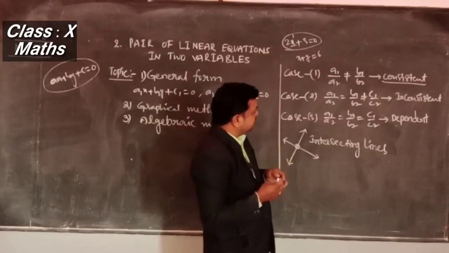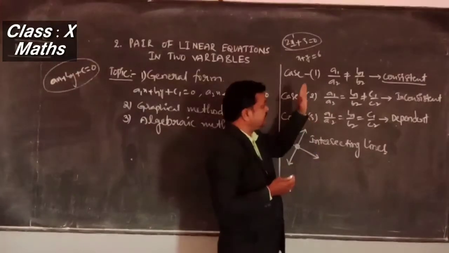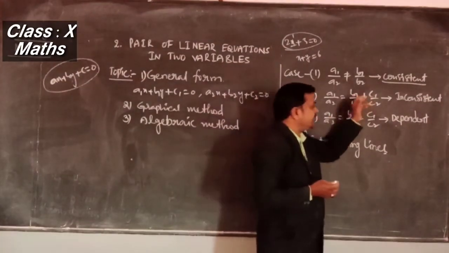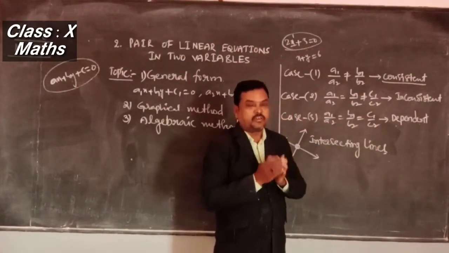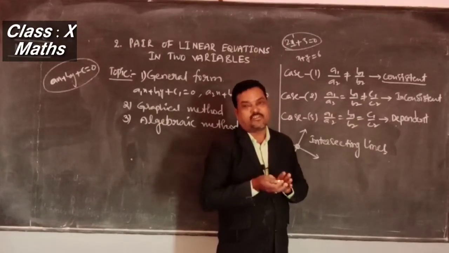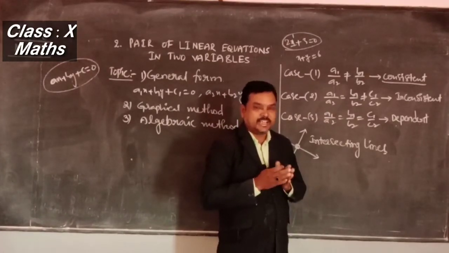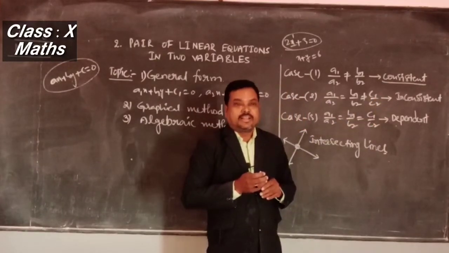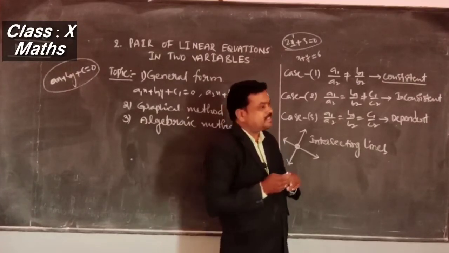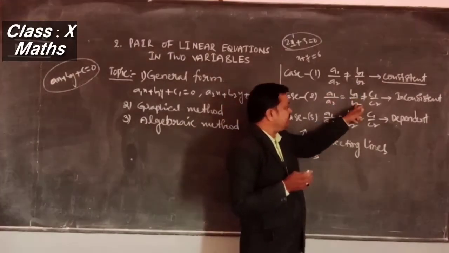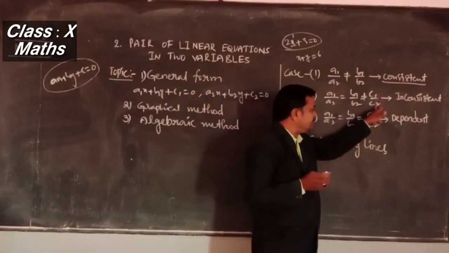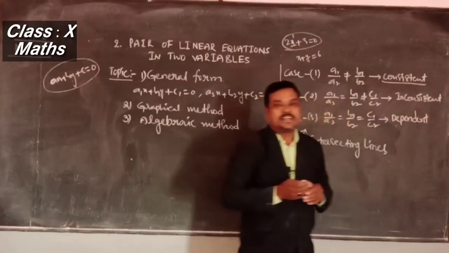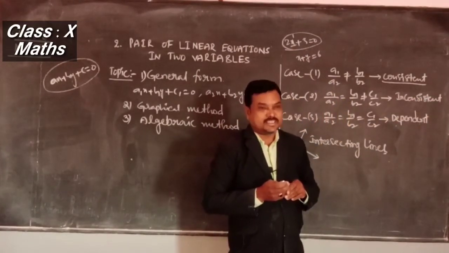In case number 2, a1 by a2 is equal to b1 by b2, which does not equal c1 by c2. It means the coefficients of x and the coefficients of y in the two linear equations are equal, but the constants are not equal. c1 and c2 indicate the constants of the linear equations. The pair of linear equations is inconsistent.